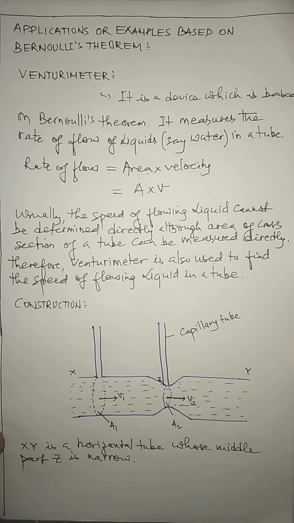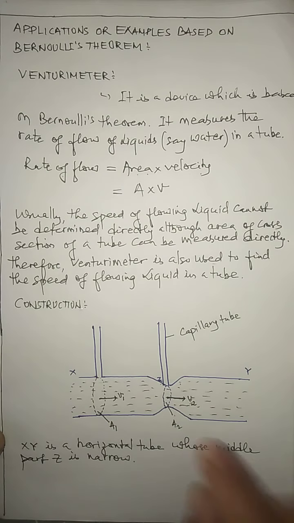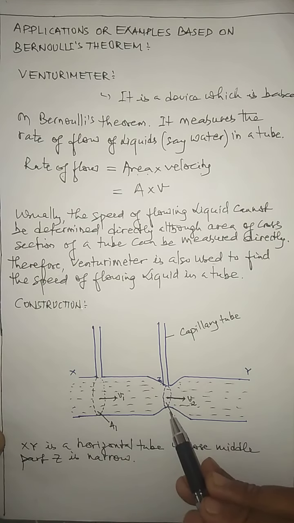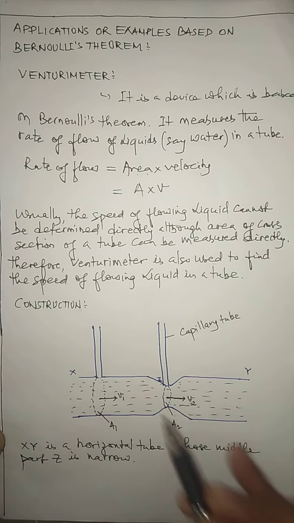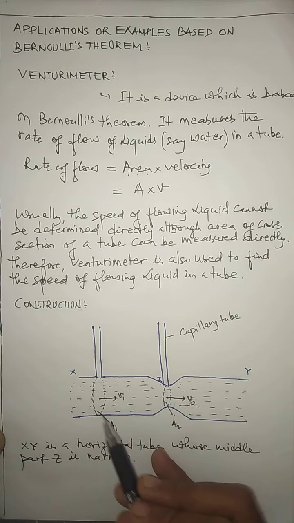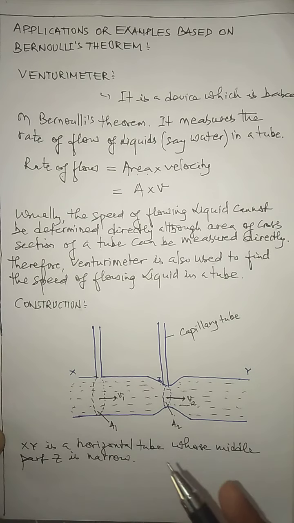Now the next thing that we need to keep in mind in this Venturi meter is that when a liquid like water flows in the tube, the velocity at this end, which I have already marked as B2, is larger than the velocity of the flow of liquid at this other end, where the velocity is B1.